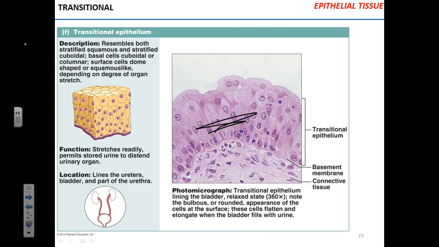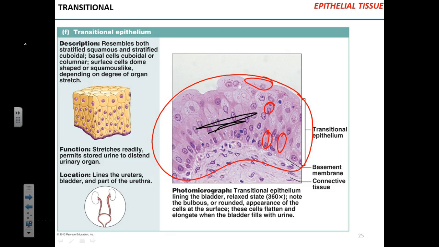Transitional. Kind of funny. It is stratified epithelium, okay? If you look at it, it has more oval, extended cells deeper, and then they become more and more cuboidal, almost squamous at the superficial layer.